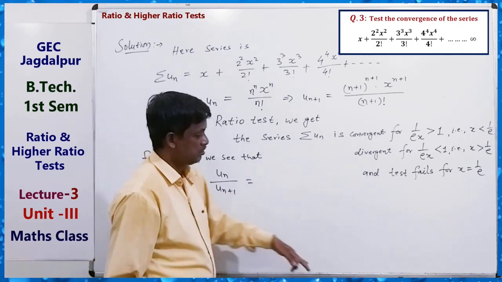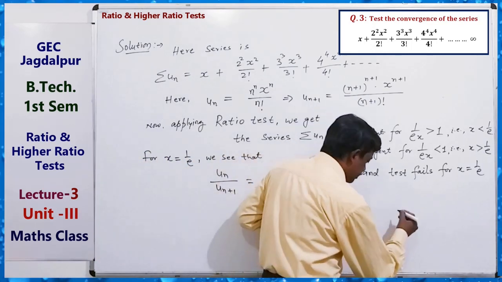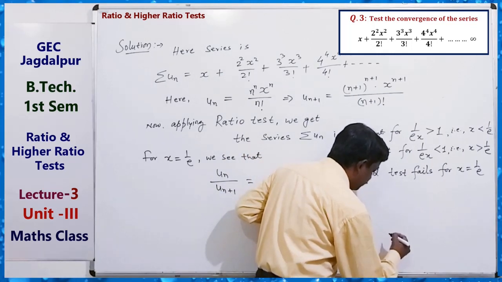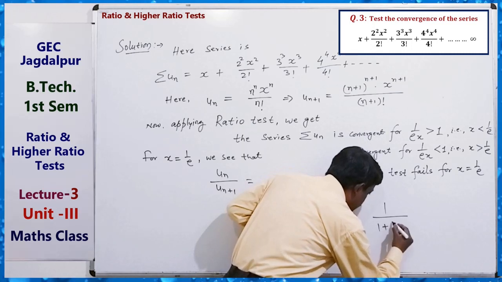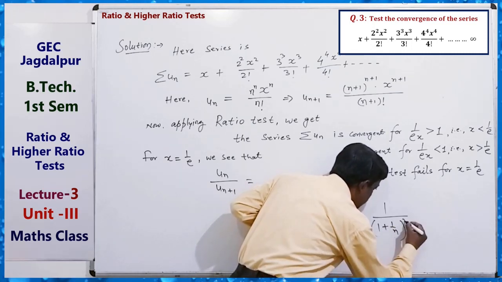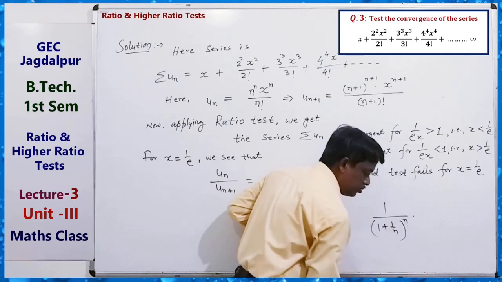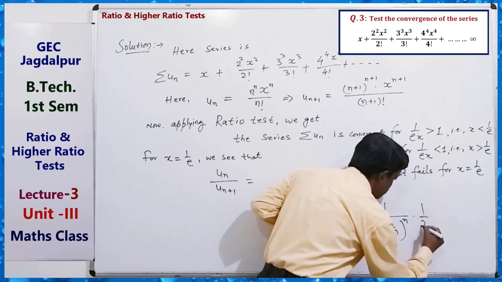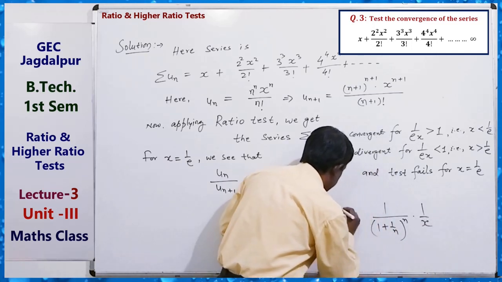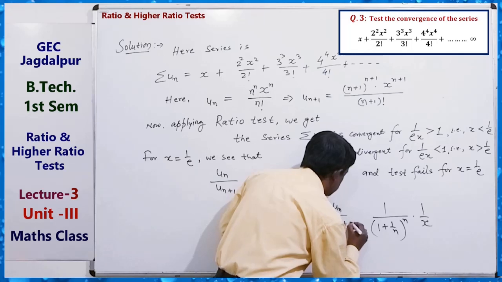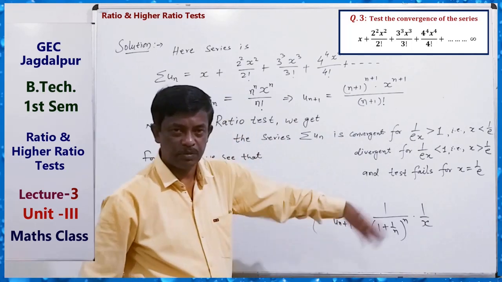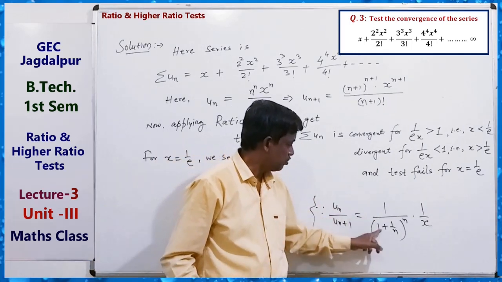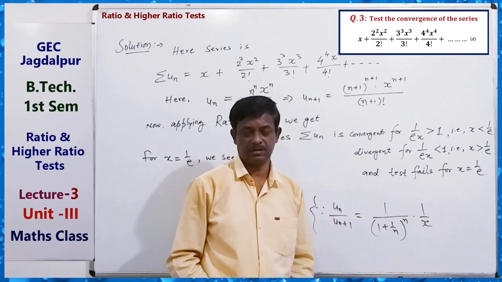Just what we got in the previous section: the value 1 upon 1 plus 1 by n power n into 1 by x. Un upon un plus 1 is 1 upon 1 plus 1 by n to the power n, times 1 by x.